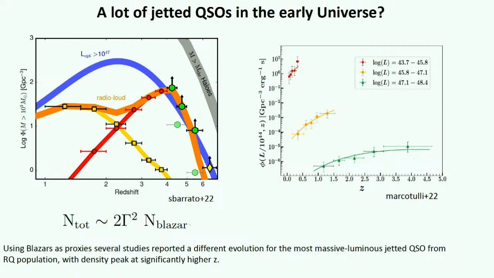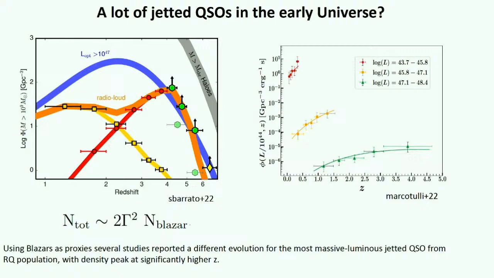As you can see, the radio loud density is really different from the general population density, and specifically at high redshift, starting from redshift 2 or 3, the fraction of jetted quasars is strongly increasing. At the end, at a redshift between 4 and 5, they found that basically all the massive objects should be jetted quasars.